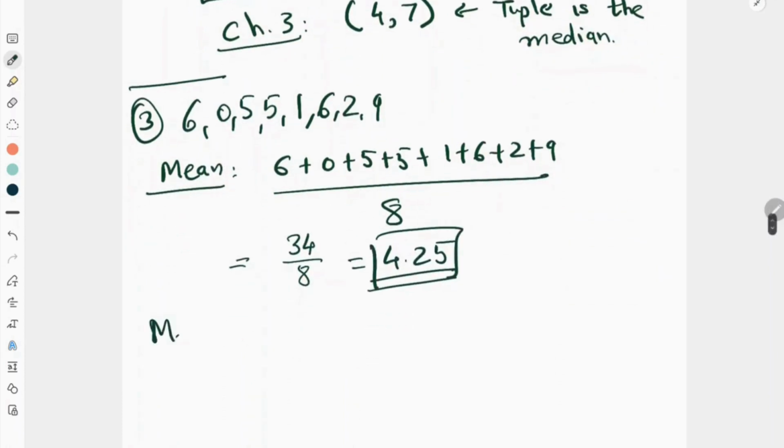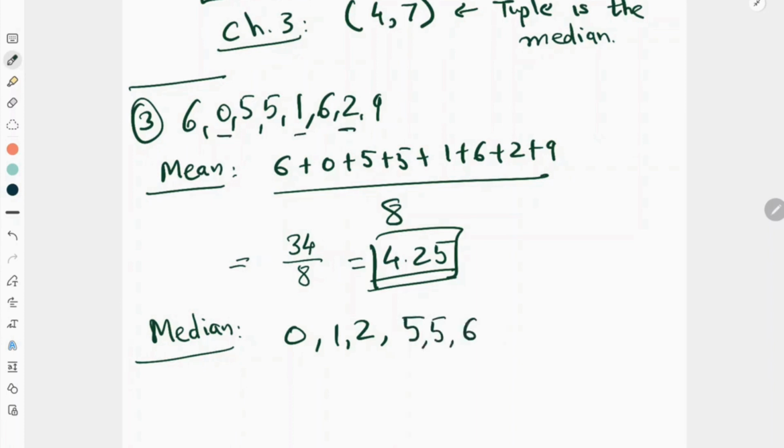And the median, again, let's sort these numbers: 0, 1, 2, 5, 5, 6, 6, 9. In this case we lucked out, the two numbers in the center are identical.